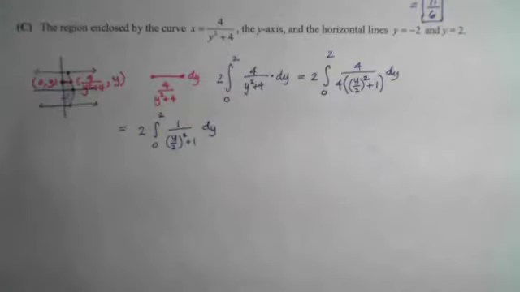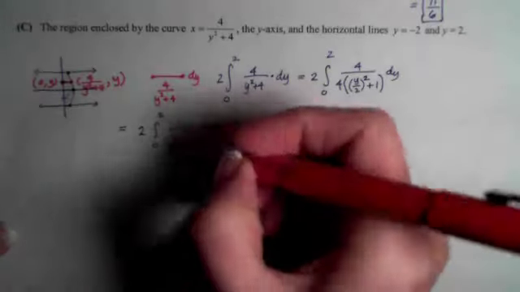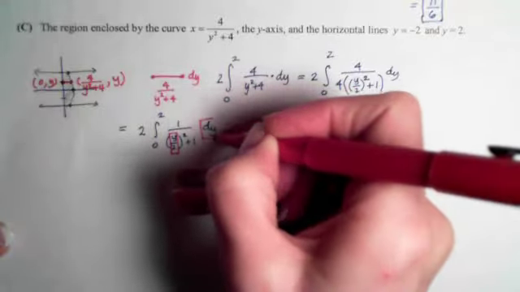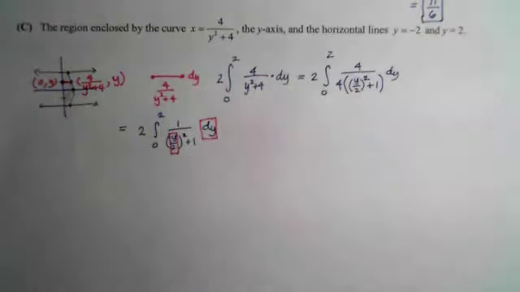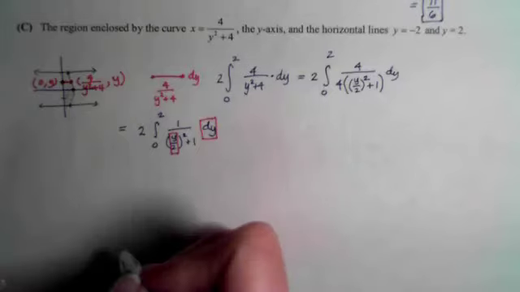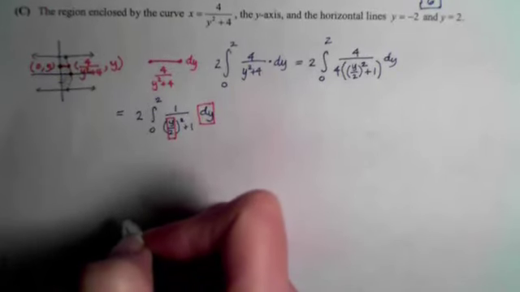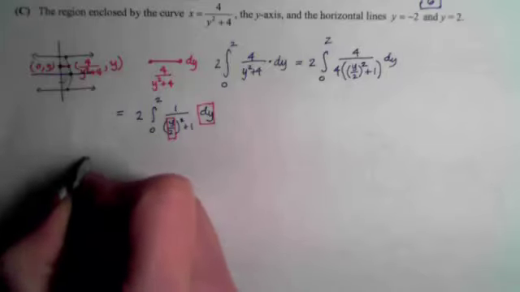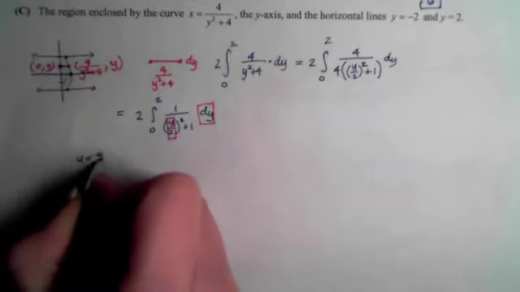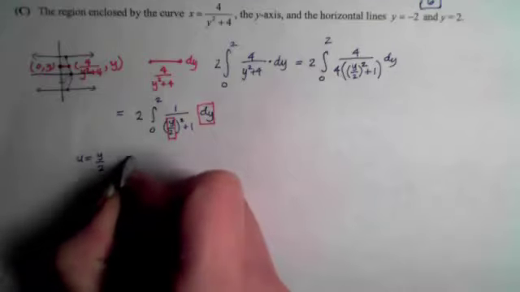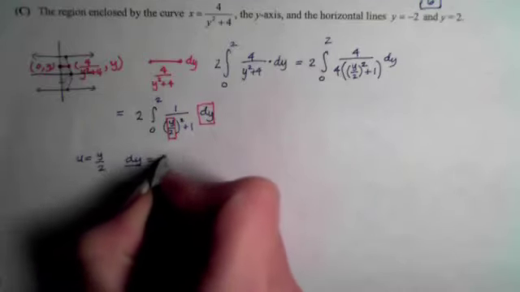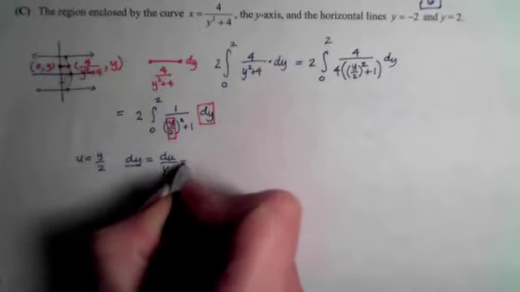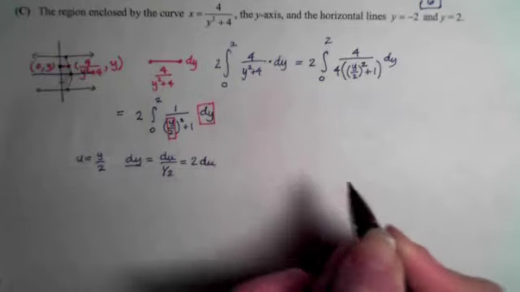So we can now see that the thing that has gotten squared is going to be our u, and we'll need to replace both. So let's remember our old integration by substitution backwards, the chain rule. We'll let u equal y over 2. That means dy is going to be du over the derivative of this, which is a half, or a 2 du.